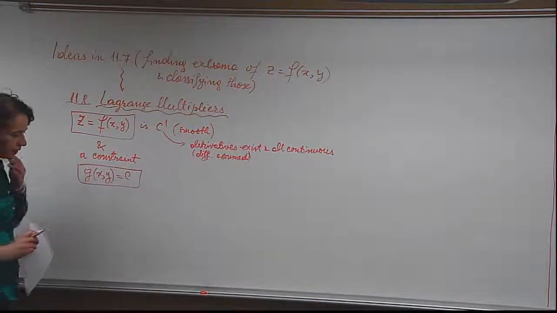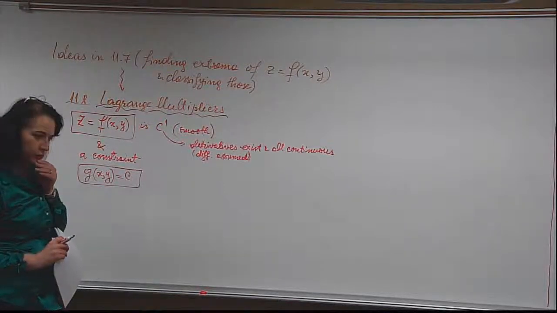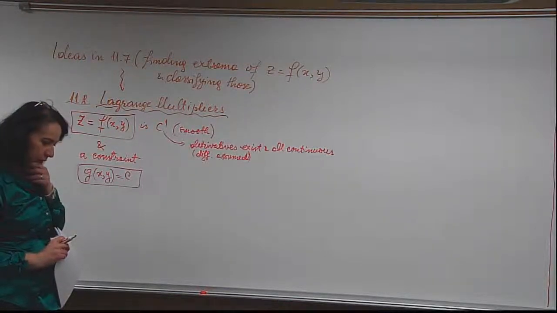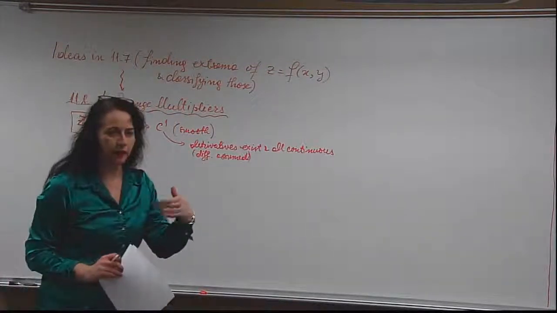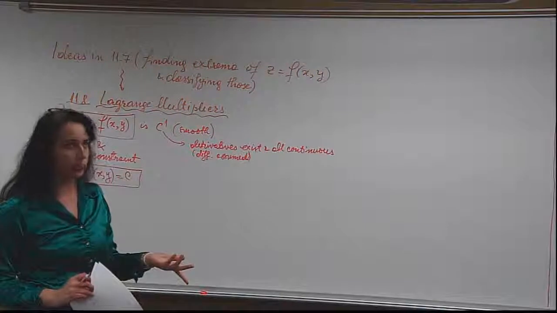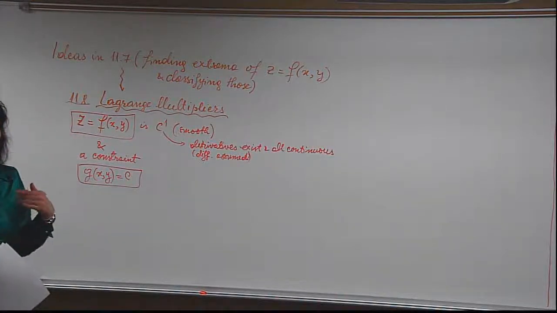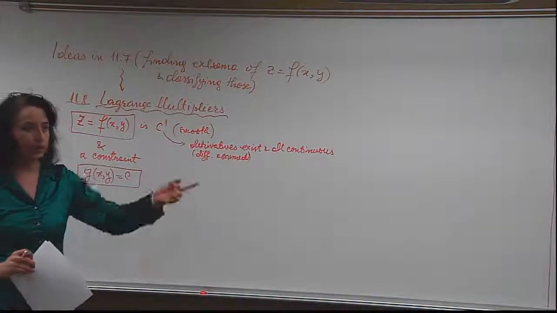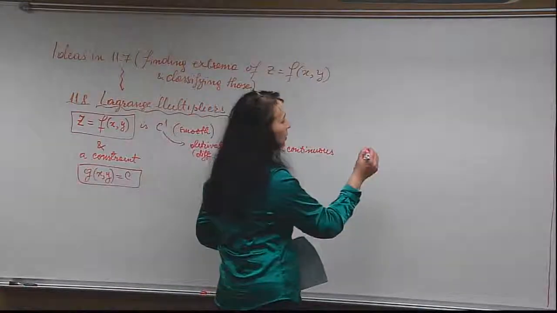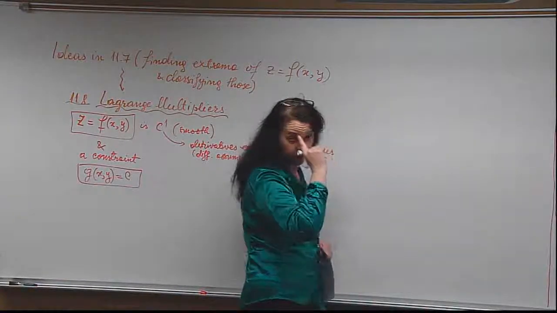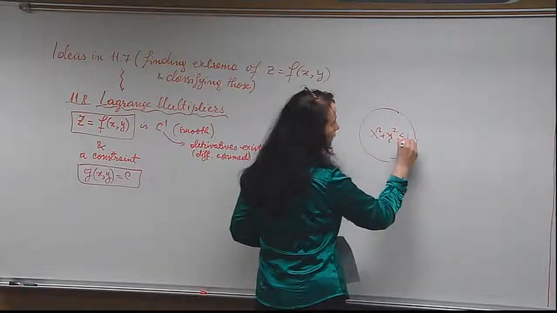And last time, we had something like, given the function f of x, y that was nice and smooth, find the absolute maximum and the absolute minimum of that function on the closed disk, x squared plus y squared less than or equal to 1.